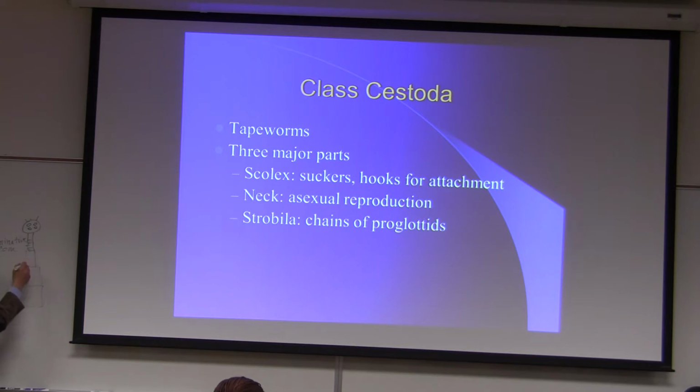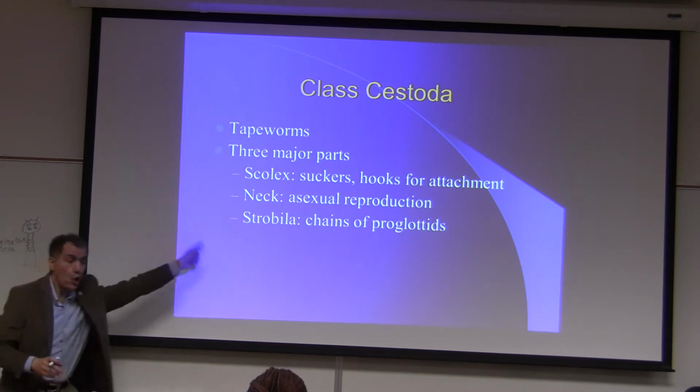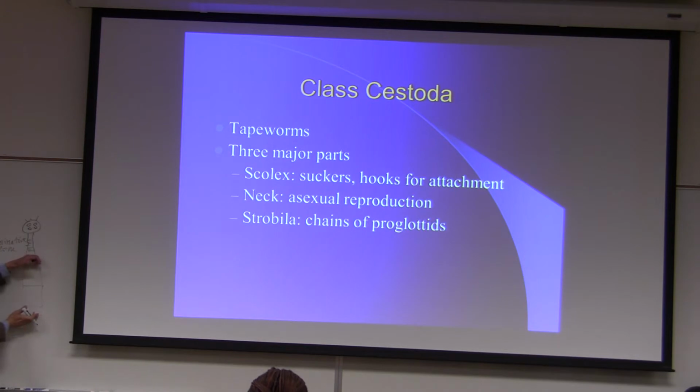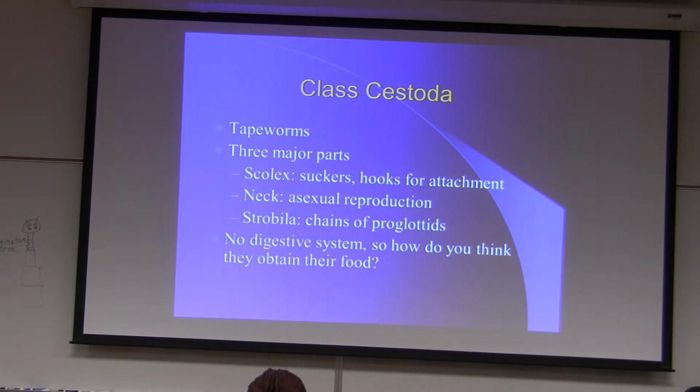These are proglottids, right? Am I making some sense? The mature proglottids and gravid proglottids do not have a separate name. All of this is called strobila, portion of the animal. But you can break them down as mature and gravid.